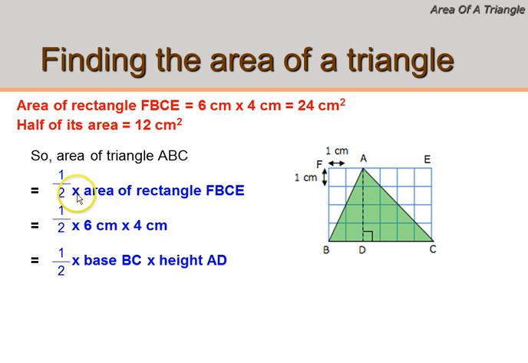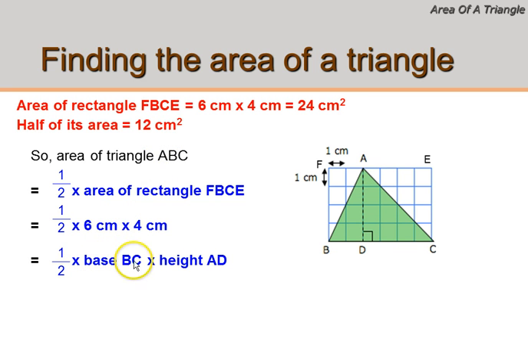So half times the area of the rectangle first, which was 6 times 4, length times breadth, resulting in 24 cm squared. So in total it gives you half times 6 times 4, which is 12.